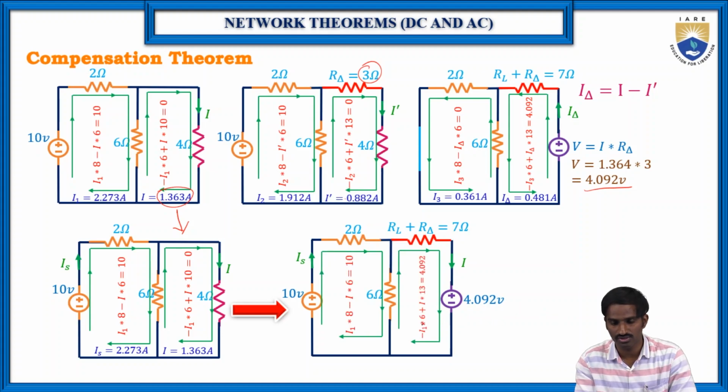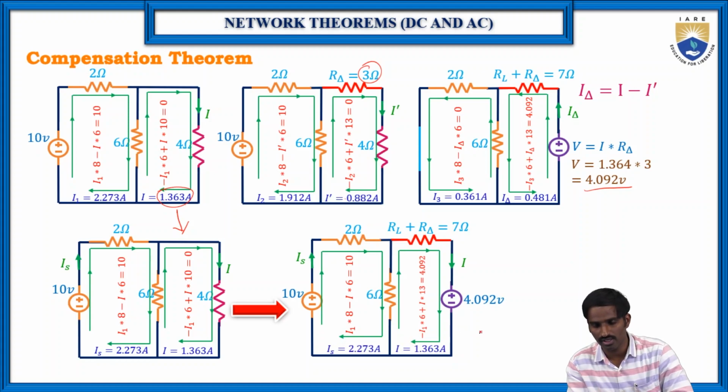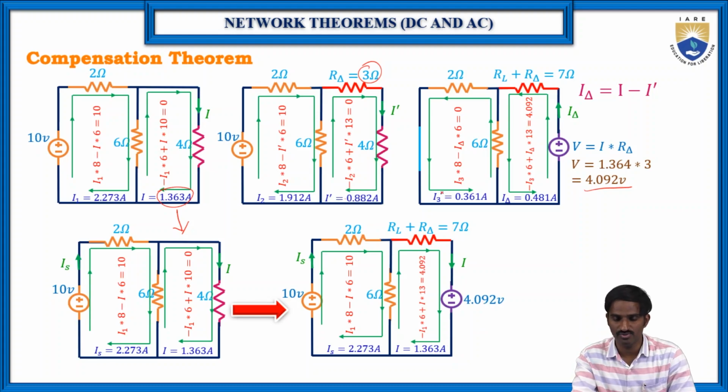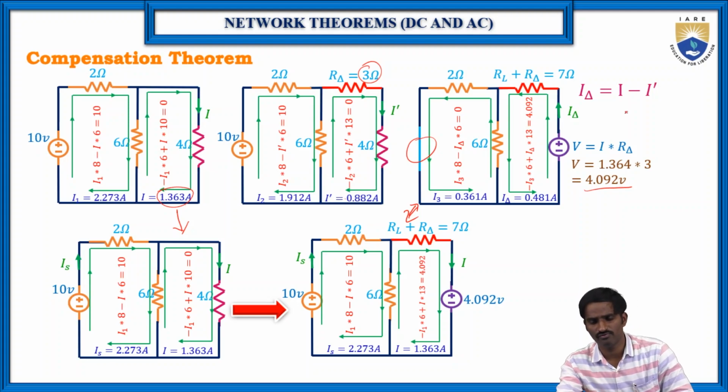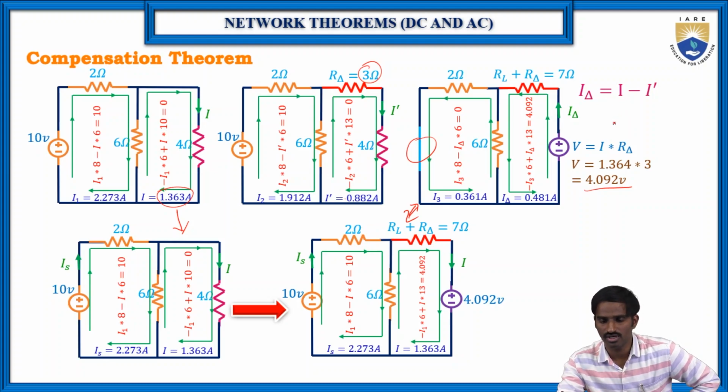This is the mesh analysis, and then here you get I equal to 1.363. The difference between these two circuits is that all the other voltage sources are replaced with a short circuit and current sources are replaced with an open circuit. From here also you can simply calculate the I value.